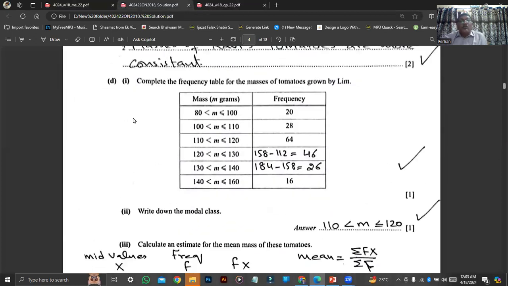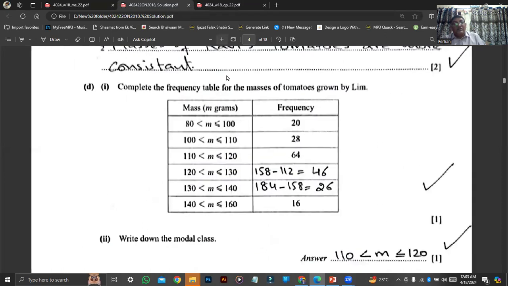Let's say I want to find the frequency for the class from 130 to 140. I will check the cumulative frequency for 140 and for 130. For 140, it is 184, and for 130, it is 158. So from 184, I subtract 158, and I will get 26.